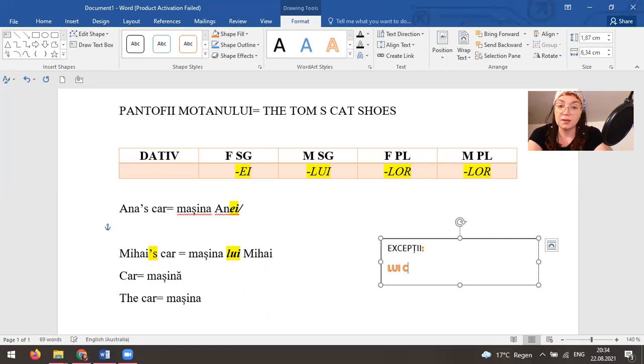For instance, lui Carmen, lui Beatrice, lui Alice. We'll say the same.